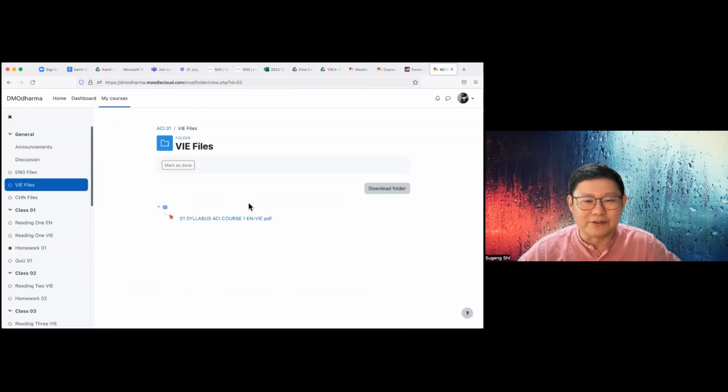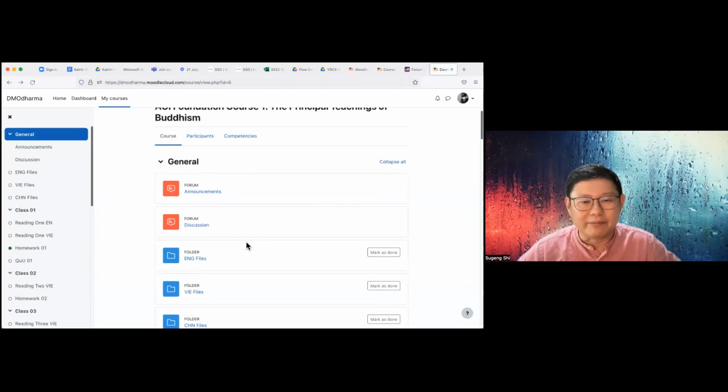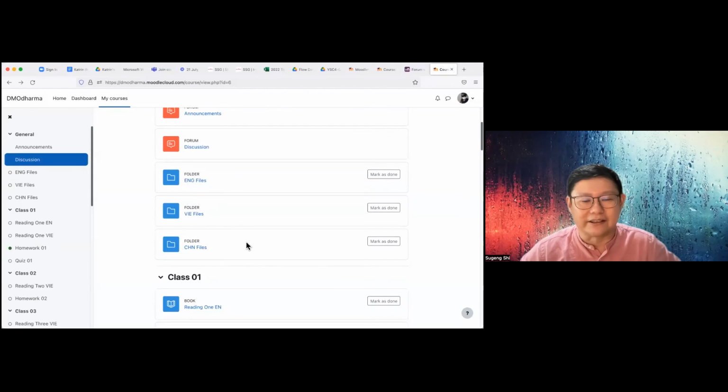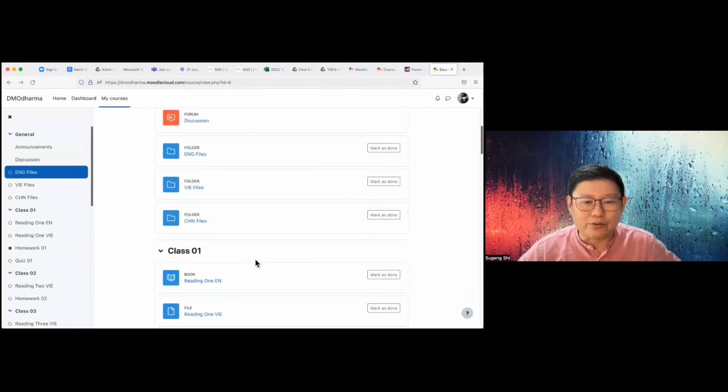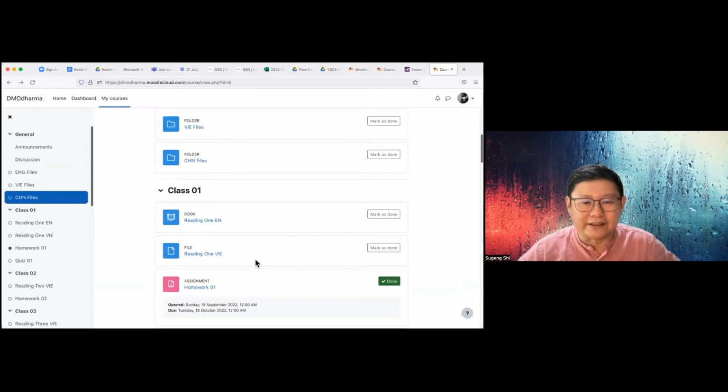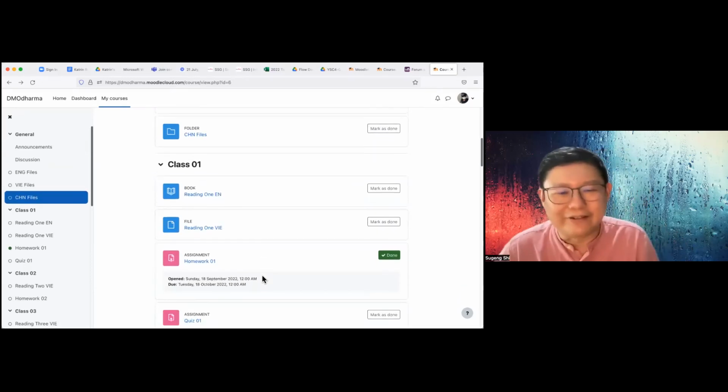If you are Vietnamese, this is your area. For Vietnamese we have many files. Here this is only the syllabus. You will be able to see the reading in each class later. And this is the Chinese files: the reading, the notes, and the answer keys to the homework. Indonesian is coming.